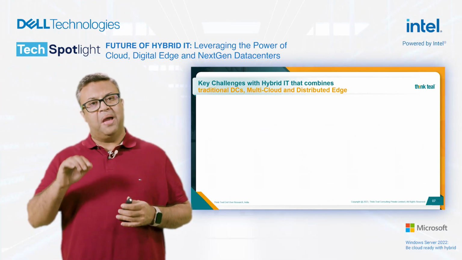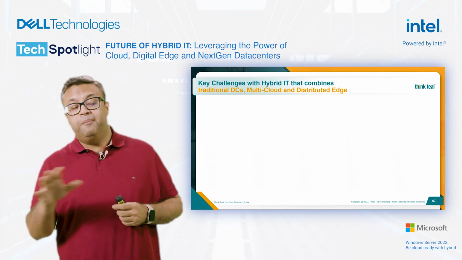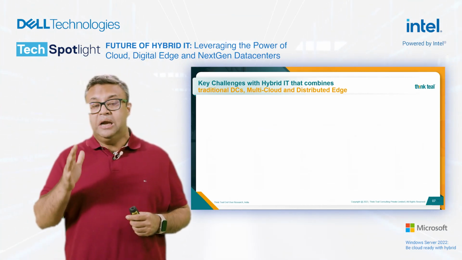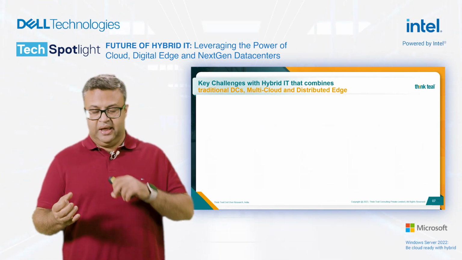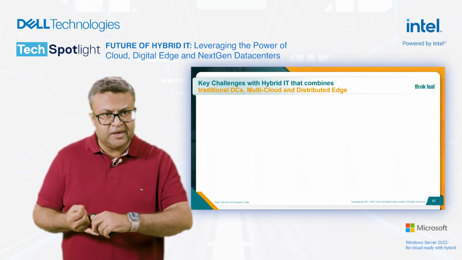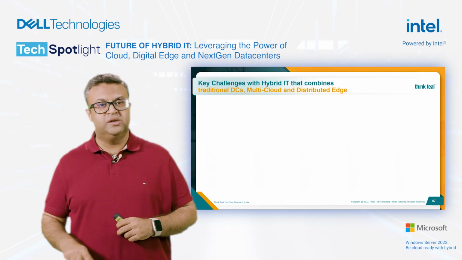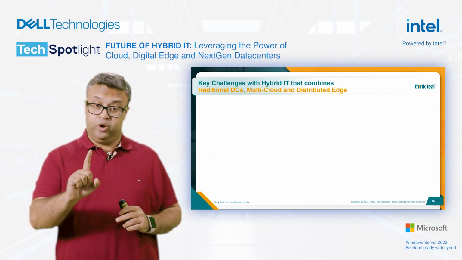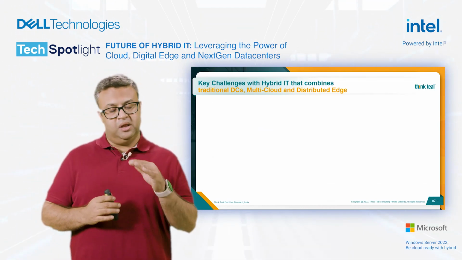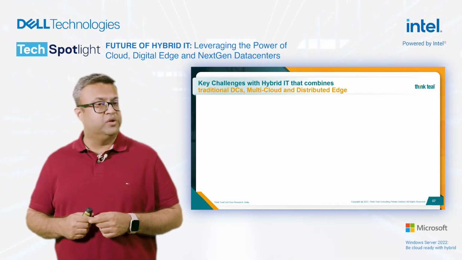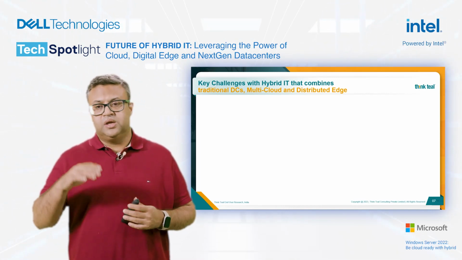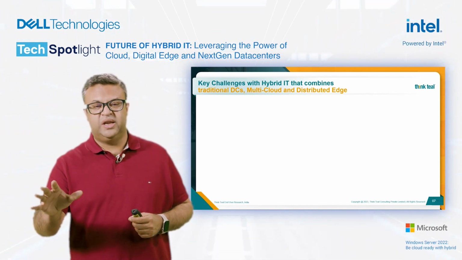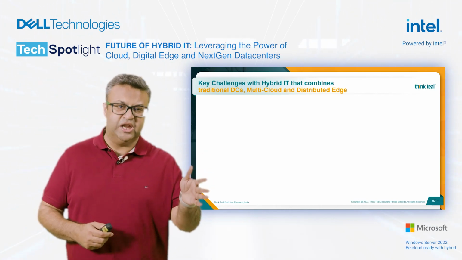But in all of this, let's also admit that managing such a hybrid environment, you have multiple moving parts, right? You have your traditional data centers which are spread across geographies. You have a multi-cloud environment, not just one. You're not dealing with just one single cloud service provider. You probably have certain applications hosted on one CSP and others on a different CSP, right?